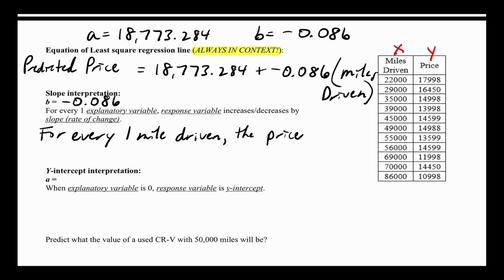If our number is negative or positive. So B is negative, right? So that means it's going to decrease. The price decreases by, and then you give the actual number. Now, I don't write a negative number here because I already said it's going to decrease. So I write the positive version of it.